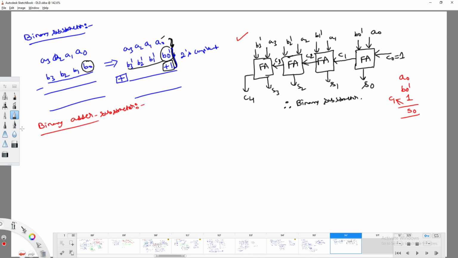Here we are working with 4 bits, so I made it a 4-bit binary adder subtractor, so that we do not need multiple circuits. For subtraction of a 4-bit number we should not use one circuit and for addition of a 4-bit number another circuit. If we construct it in the same circuit, it is very easy for us to solve.